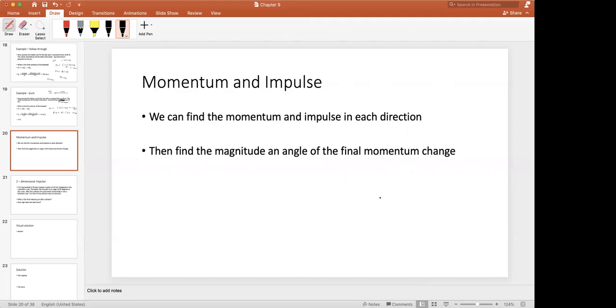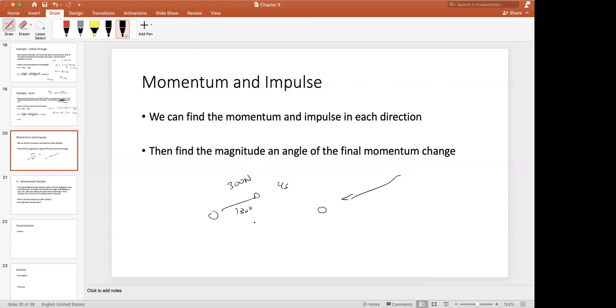So you could have something coming in at an angle, right? And hitting, so some force that comes in at an angle. You can apply a force at 30 degrees, let's say, for 4 seconds, 300 Newton force at 30 degrees for 4 seconds.